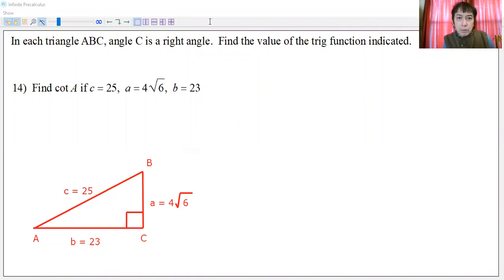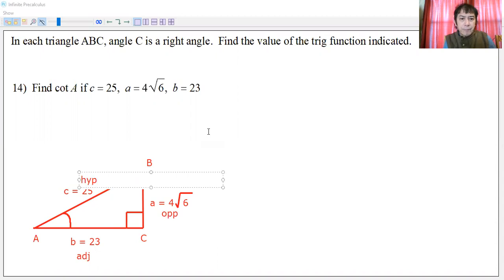Now we are ready to determine cotangent of this angle. Now we shall put the labels. If our concern is angle A, this must be the opposite side. Angle B is the adjacent side. And side C, of course, the hypotenuse.